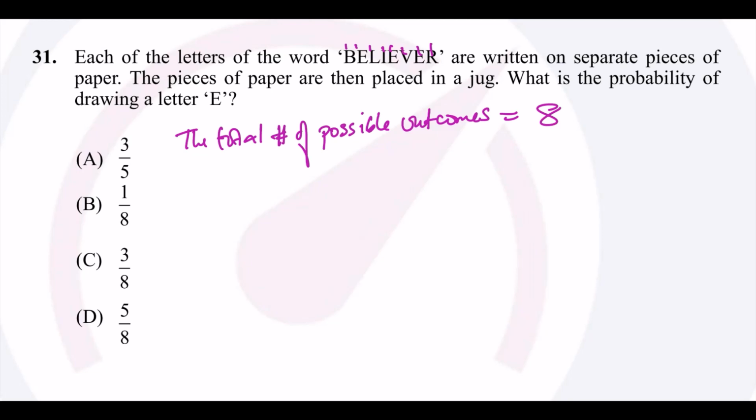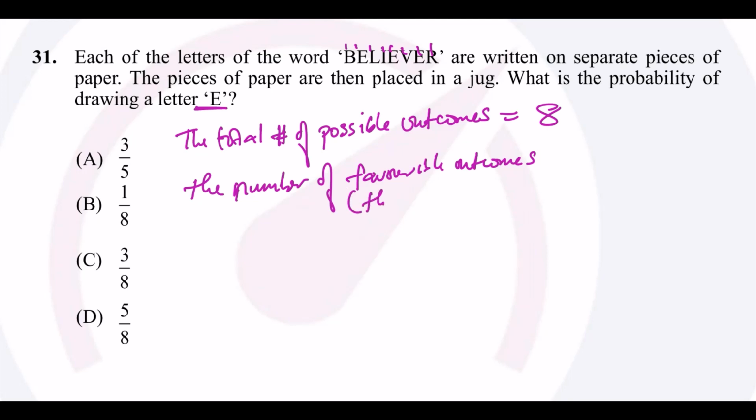Then we want to know the number of favorable outcomes, which would be what in this case? The number of E's. How many E's do we have here? 1 2 3, so we have 3 E's.